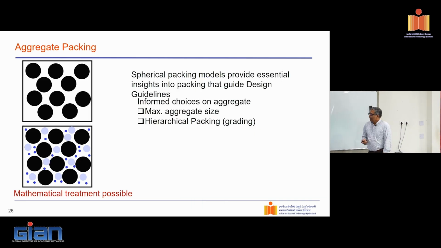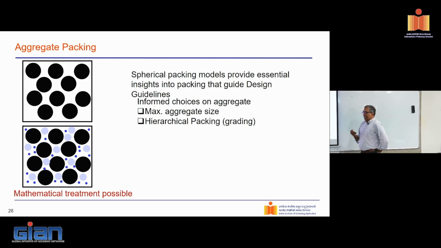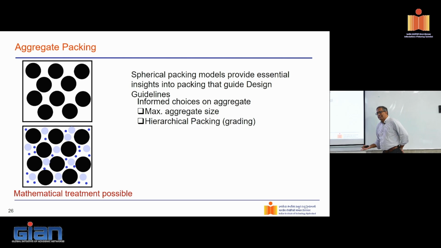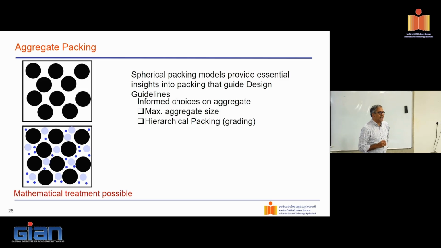So coming back to the packing models, I'll describe how this plays out in the code a little later. The spherical packing models would help us understand the basics, okay, as to what is the cause and effect. Okay, we've understood two things. One is, if I want to make an informed choice about packing, I have to go with hierarchical packing. That is, I cannot go with spheres of one size. I need to stack my sphere sizes. There'll be a certain optimum.